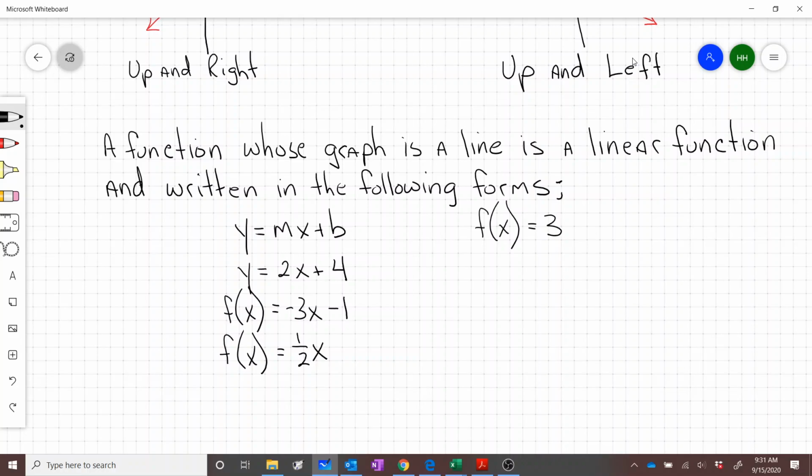That's a linear function. Just like y is equal to -2. That's a linear function. It's going to be a line. x equals 5. That's a line as well.